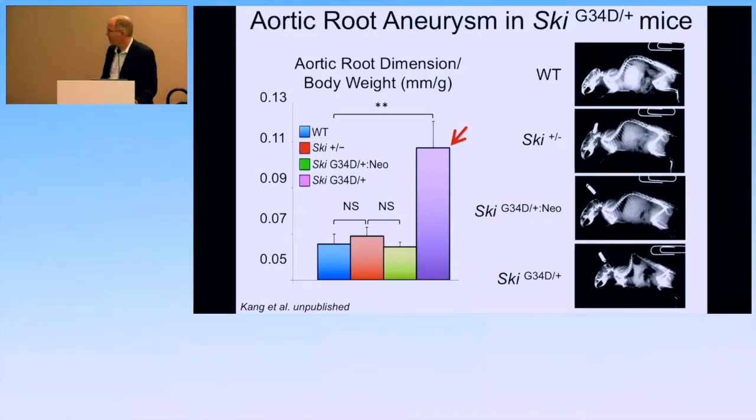We've now gone on to make mouse models of Shprintzen-Goldberg syndrome by introducing a very severe mutation that we had seen in a patient with this condition. You can see that there is very dramatic aortic root enlargement in this mouse model of Shprintzen-Goldberg syndrome. They also have skeletal and craniofacial manifestations of the disorder.